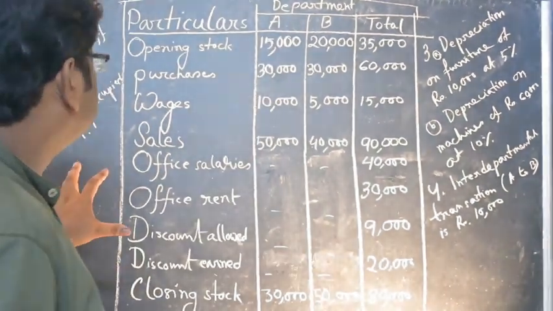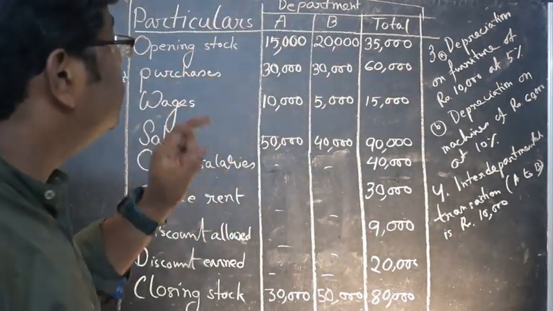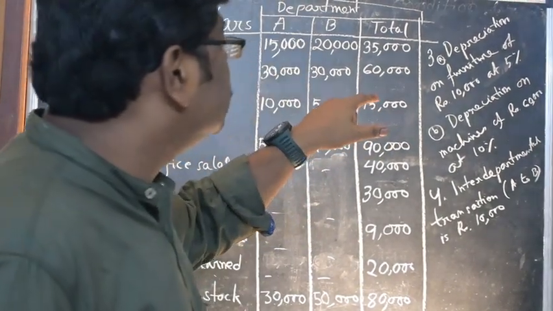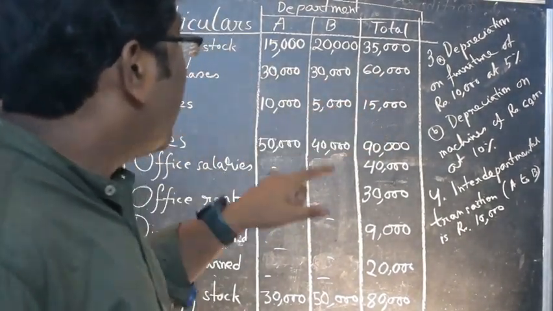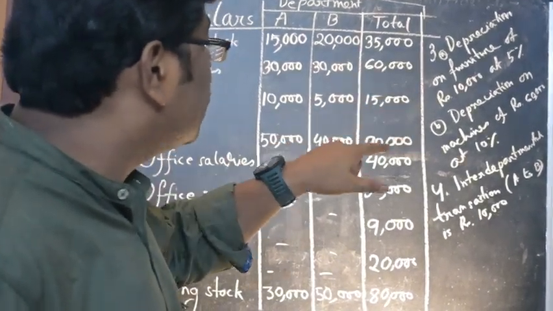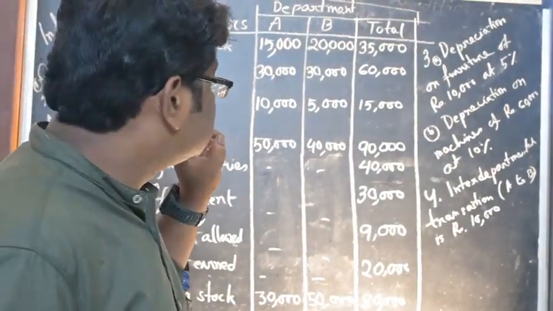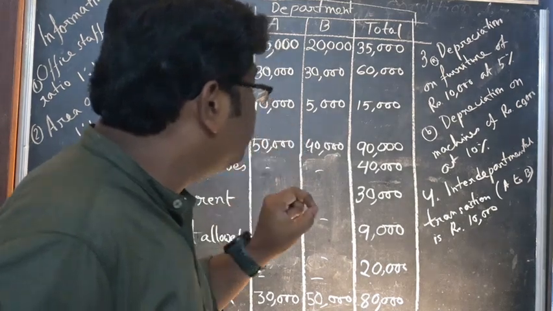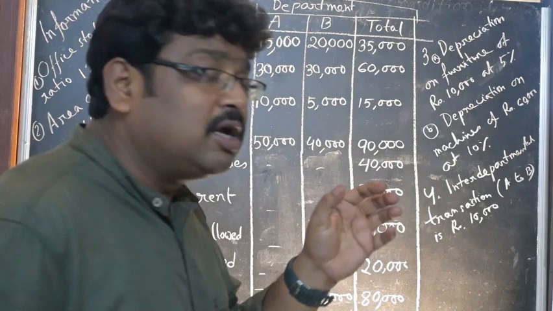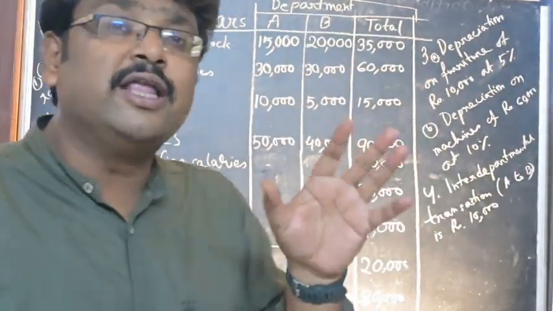Now the third piece of information is depreciation on furniture of rupees 10,000 at 5%, and depreciation on machines of rupees 60,000 at 10%. And the fourth piece of information is interdepartmental transactions, meaning department A to B is rupees 10,000.